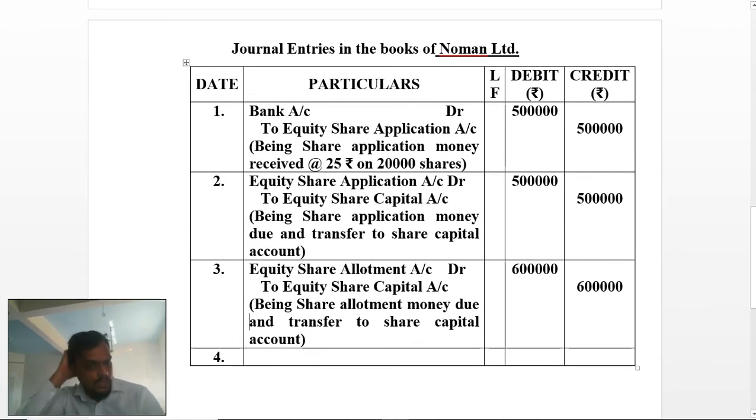Here we will enter directly an entry. We will not show calls in arrears in this, so directly make it an entry.